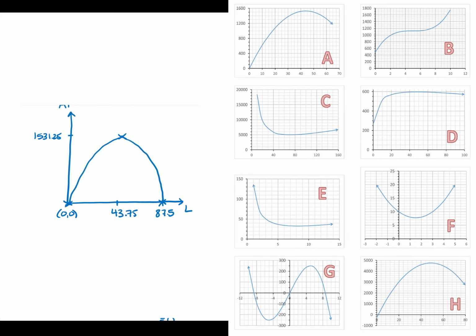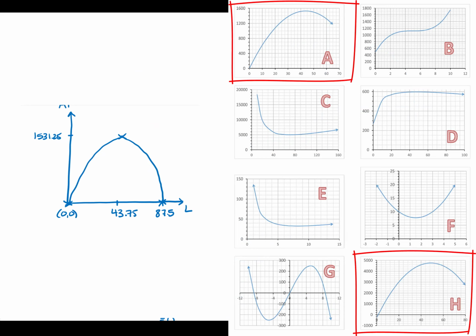Looking through our graphs, I see two that have this concave down quadratic shape, and that's A and H. When I look at H, I can see that the intercept with the vertical axis is lower than 0. So that cannot be the graph that we just produced, as there was an intercept at 0, 0.